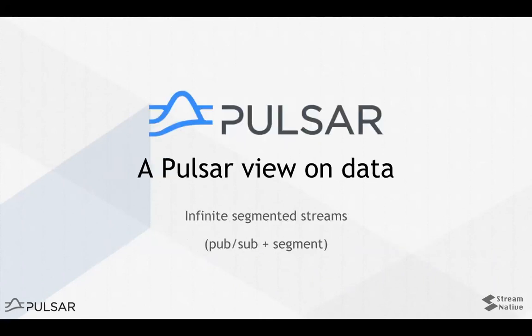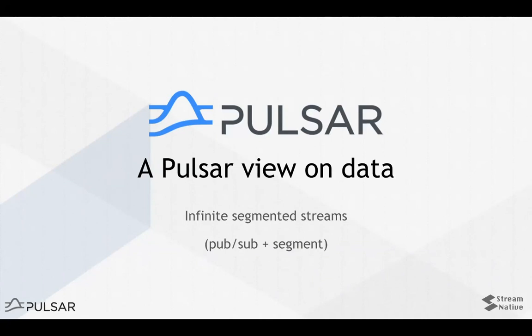Similarly, in Pulsar, we have the same vision, but it's more from the data perspective, not from the computation perspective. In Pulsar, we treat the data as an infinite stream of segments. Basically, it means all your data keeps appending into streams, but it never ends. But the streams are truncated into segments. In this way, you have two levels of API for accessing the data.